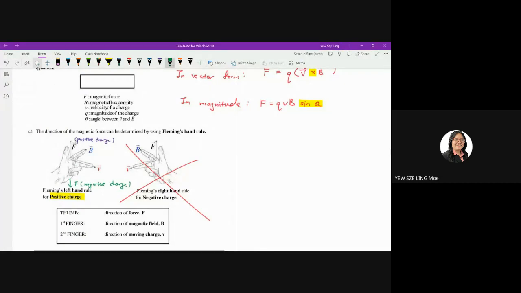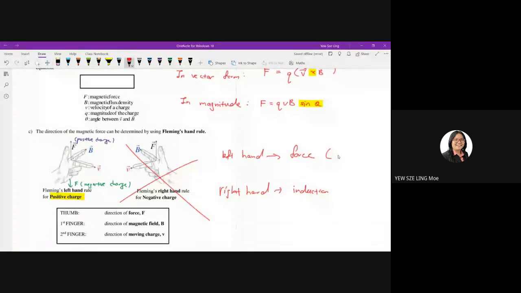In actual situations, we use the left hand for magnetic force. But we use the right hand not for force, but for magnetic induction, in chapter 5.